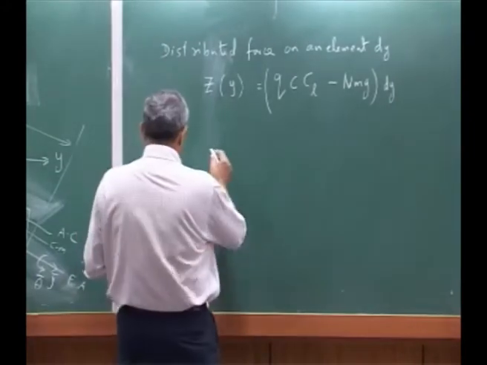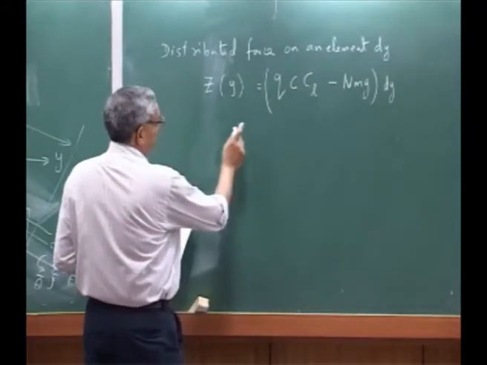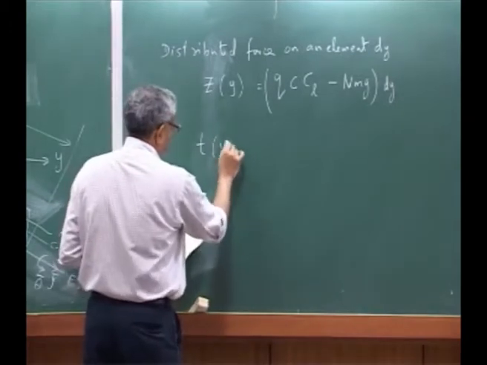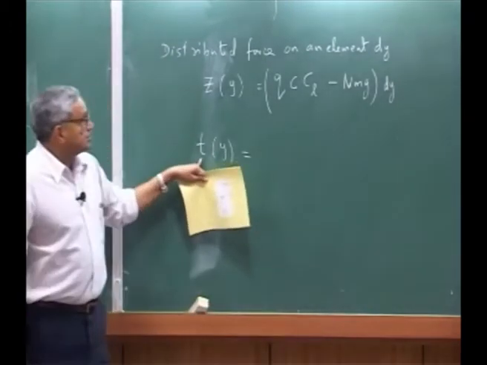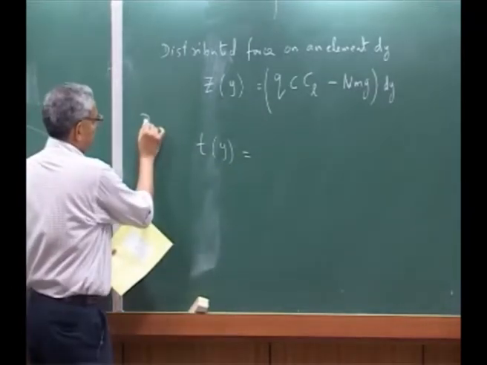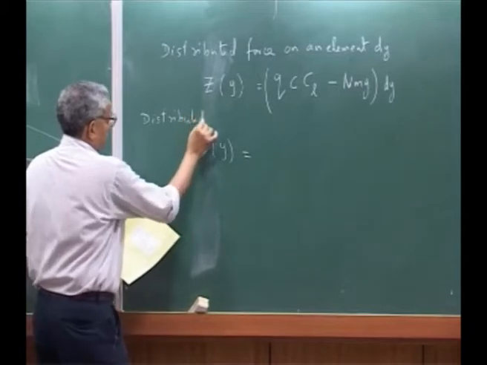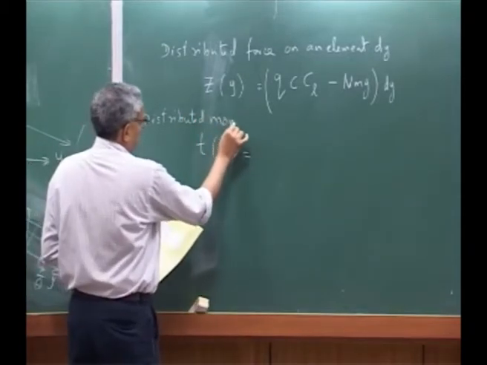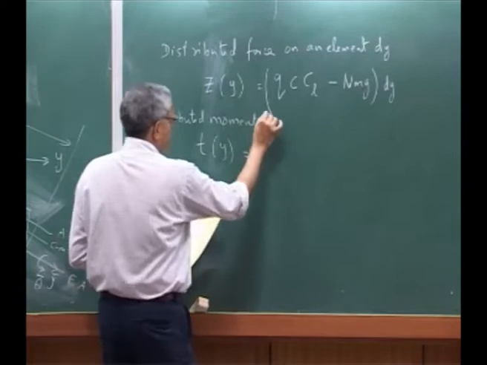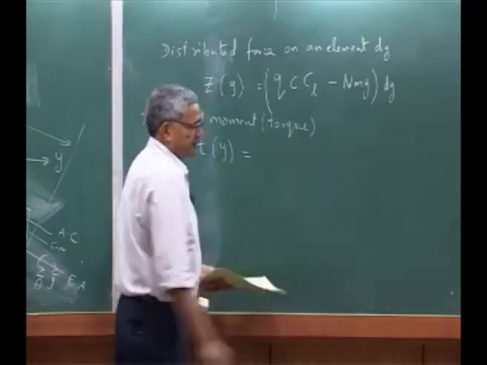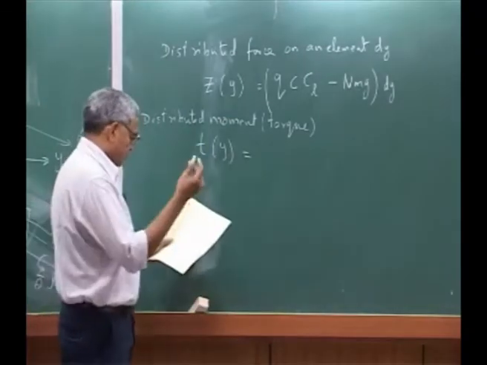Now you take the T y. This is the distributed moment. Moment or torque, I would call it distributed torque. Okay. Twisting moment.